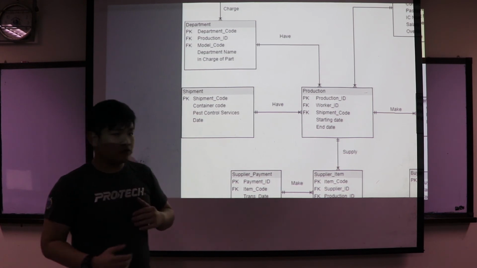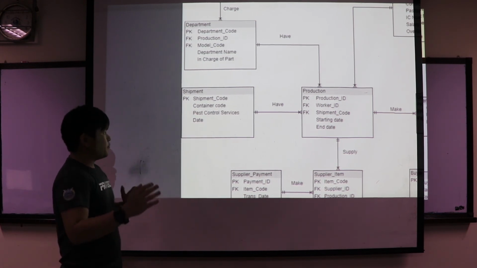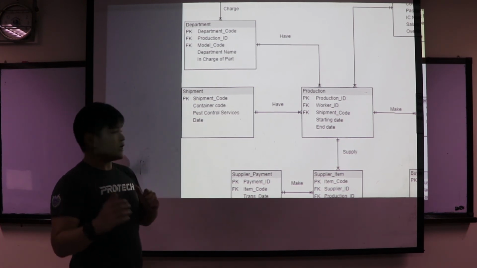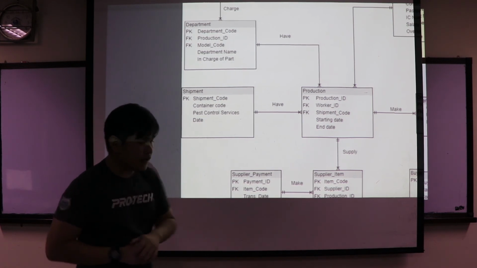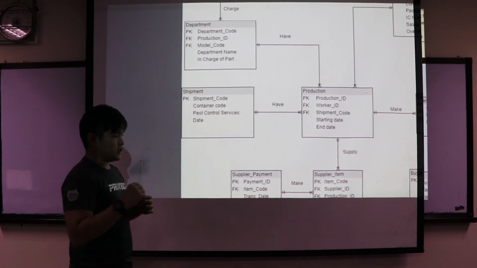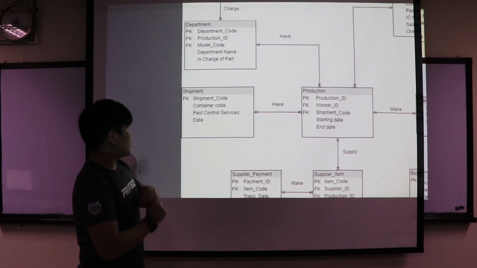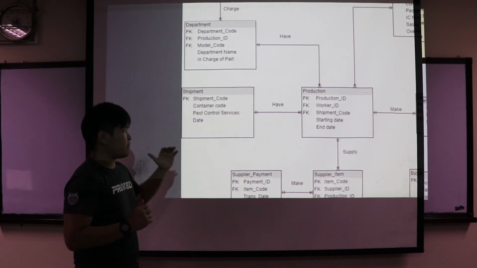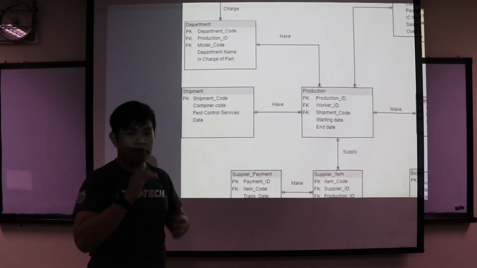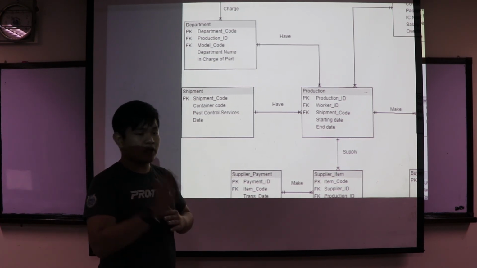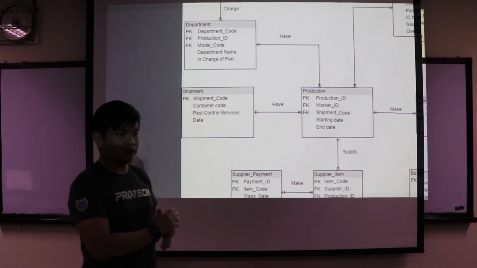Other attributes are container code, pest control service, and also the date. This is connected to the production, and the relationship is one to many, because one shipment can have many productions, and many productions can only have one shipment.